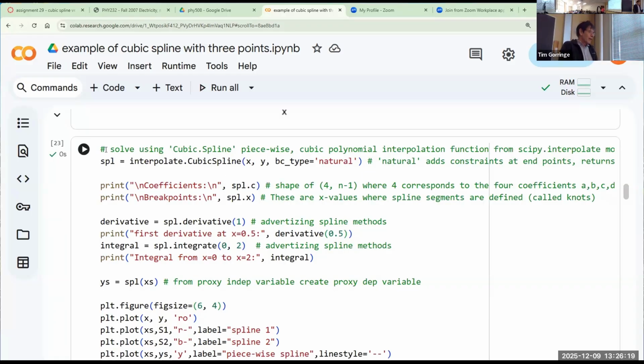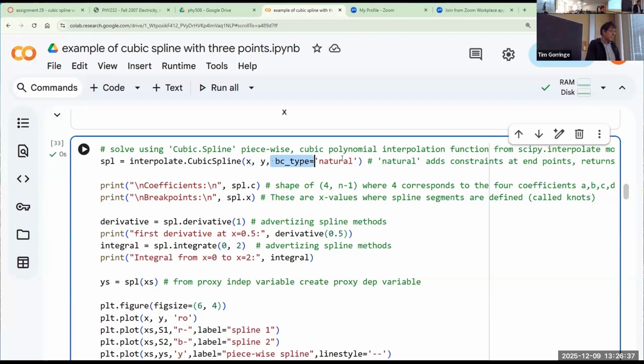So here I'm solving it by calling the cubic spline function with my data set. The first two arguments are the independent variable and the dependent variable for my data points.